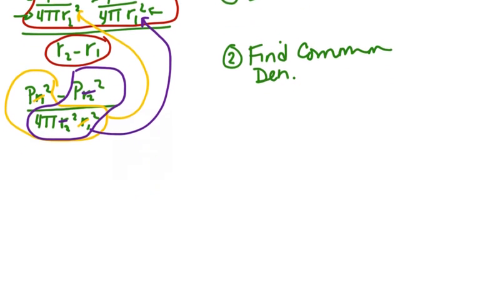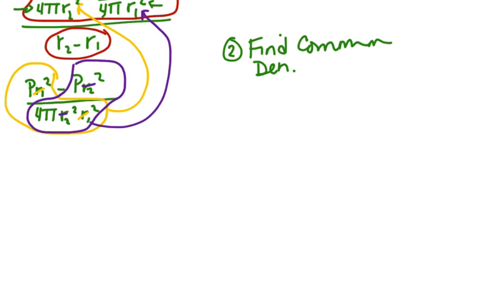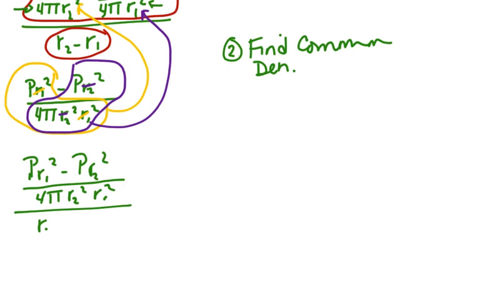The next concept is, you can factor out a common factor. Let me rewrite, since I played around with this: P R1 squared minus P R2 squared all over 4 pi R2 squared R1 squared, divided by R2 minus R1. That's the step after we found the common denominator. We're still working on the numerator because that's still the messiest thing.